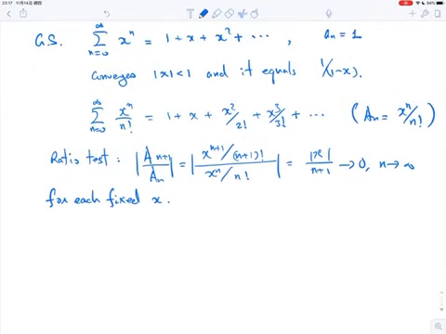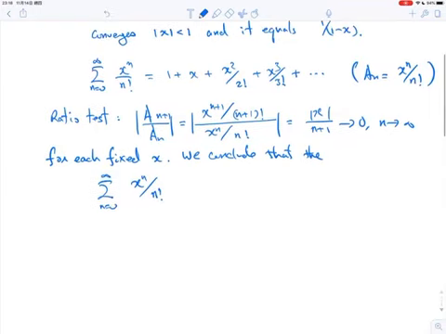And because of that, this series that we are considering converges for all x.